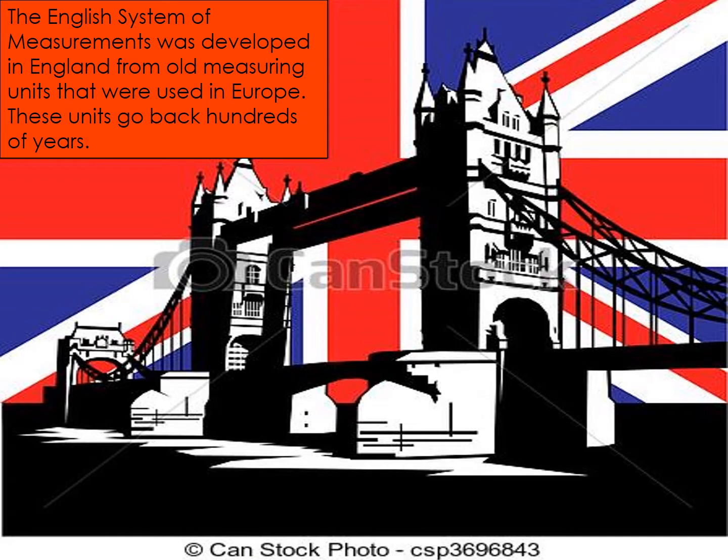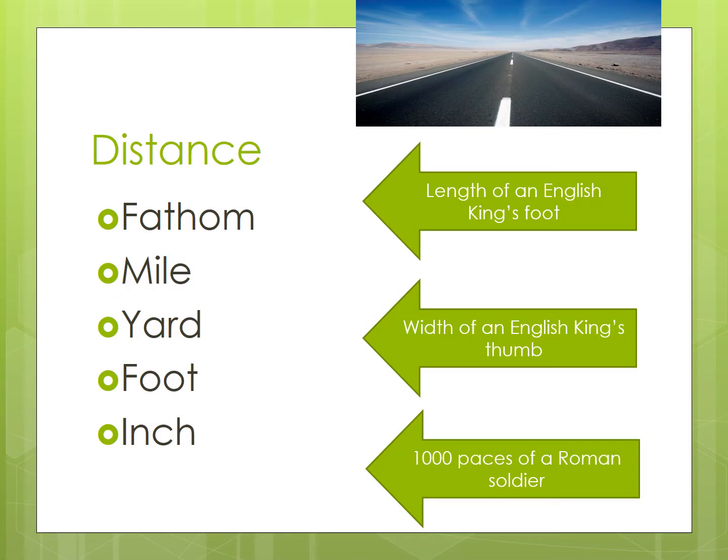So first, the English system of measurement was developed obviously in England using old measuring units that were used all throughout Europe. These date back hundreds of years to like the Roman times. Here are some distances that they would use: a fathom, mile, yard, foot, inch. Basically these are just arbitrary values that they came up with and they stuck around for hundreds of years.